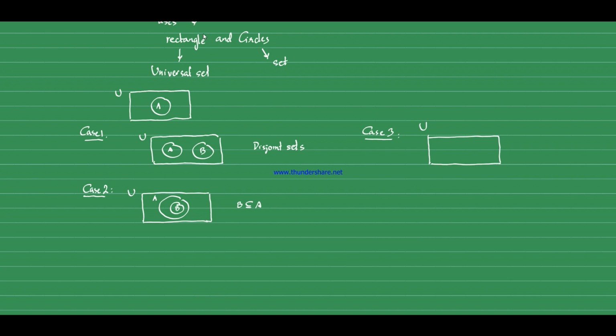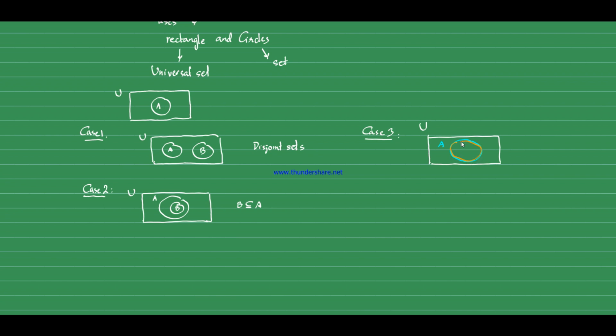It's the universal set, and inside this universal set we have two sets. And these two sets over here are equal to each other. So the first is set A over here, in a blue color, and set B over here is the same as set A.